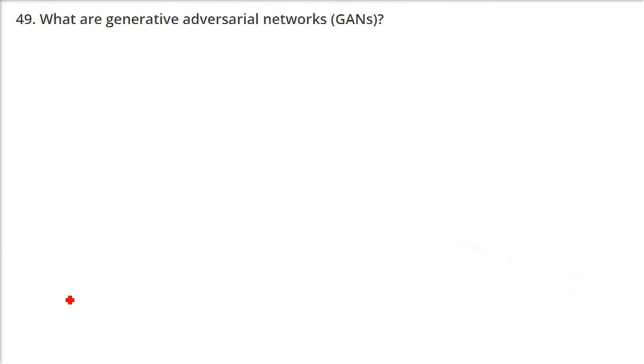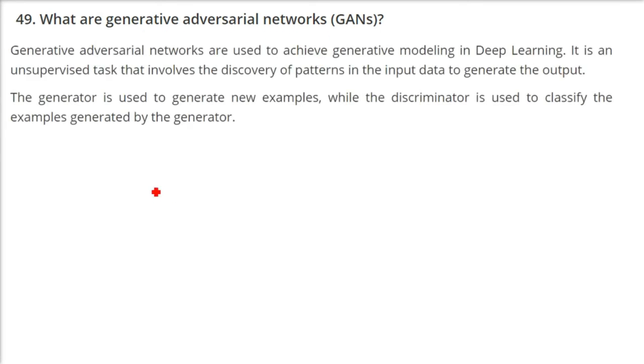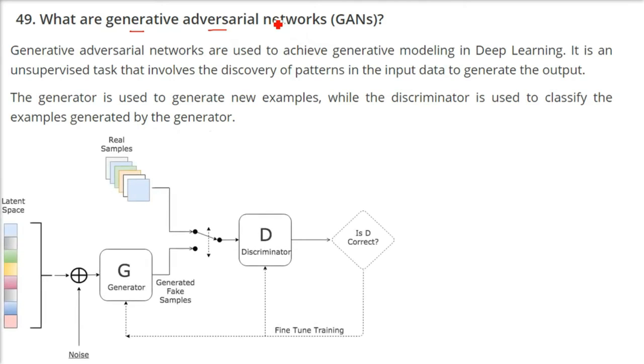GANs are now asked in almost every AI interview: what are generative adversarial networks? Let me just show you here that there are two wrestlers, two people fighting. In the local championship, say Asian, you lost to the other one.